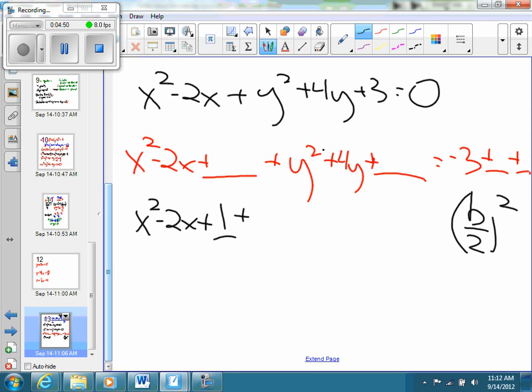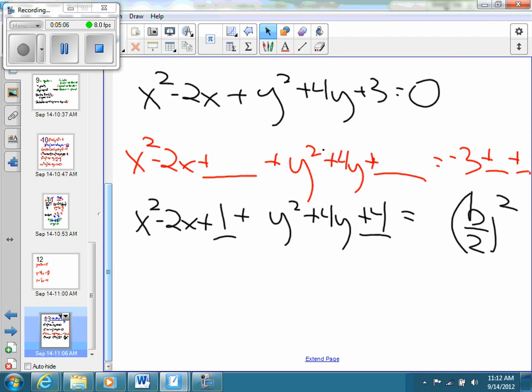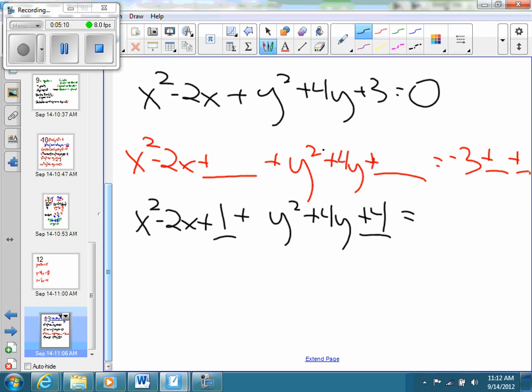This is going to be y squared plus 4y. 4 divided by 2 is 2. If I square 2, that's going to give me 4. Plus 4, that was my blank over there, and that is equal to negative 3 plus 1 plus 4.